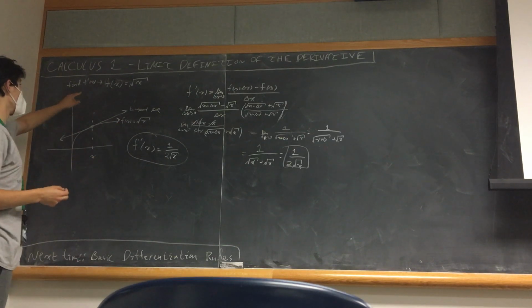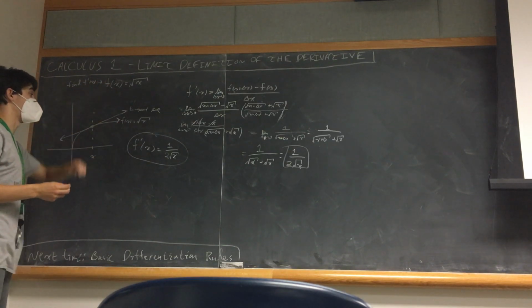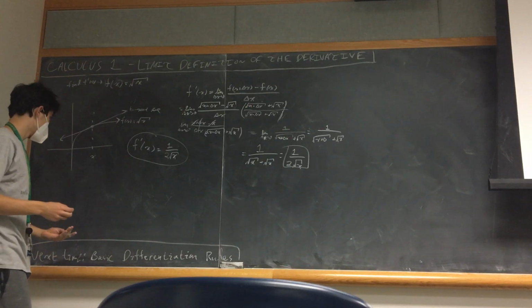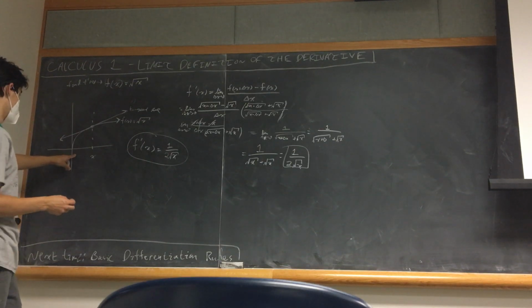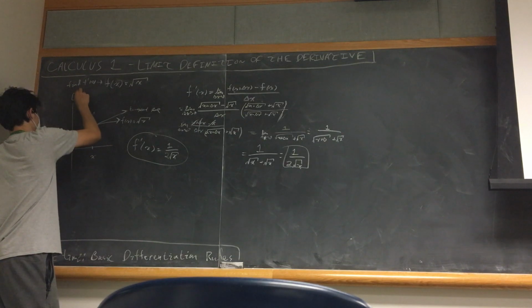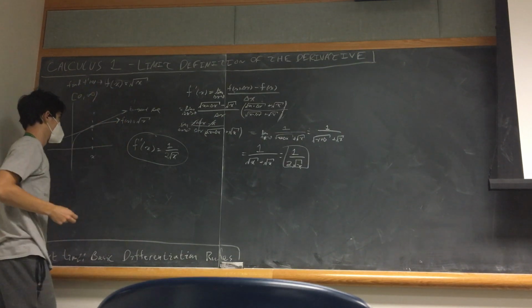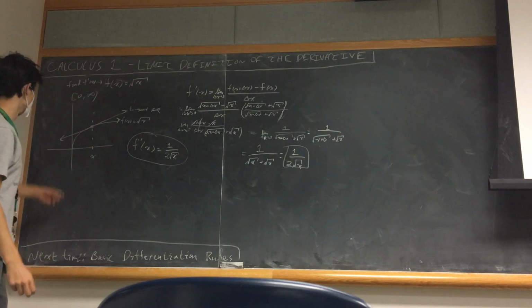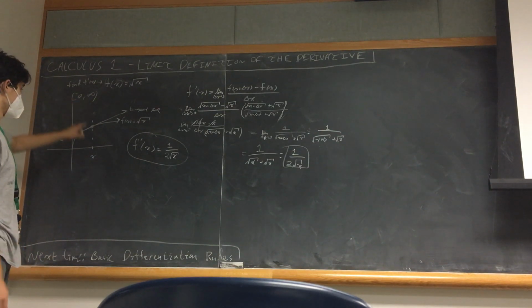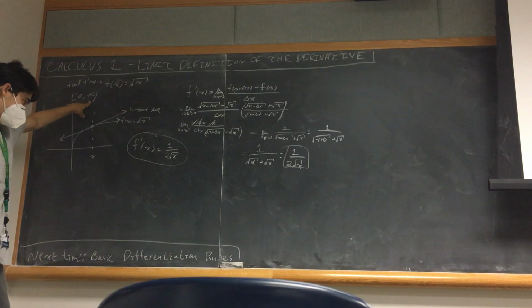Let's say I wanted to know what f prime of -1 was. Well, let's look at the graph. If you look at the graph, it's bounded from 0 to infinity. So the domain of this graph is 0 to infinity.